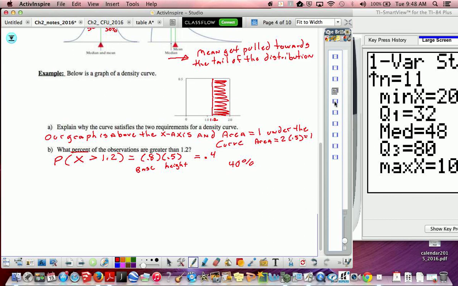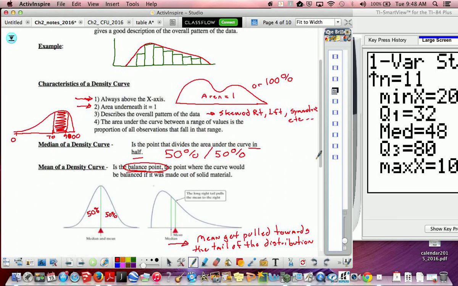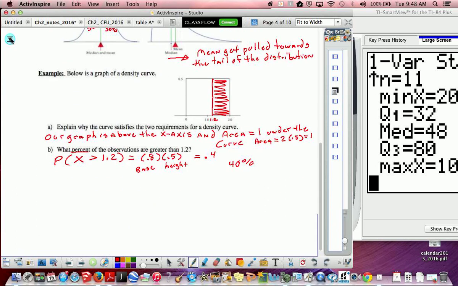I apologize. The next question's on the next page. I'm just going to go to it, then go back. So for part C, I'll just write it right here. You want basically the percent between 0.7 and 1.4. So I want the probability that X is between 0.7 and 1.4.